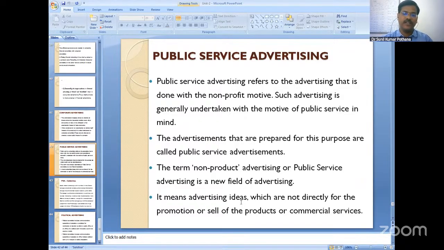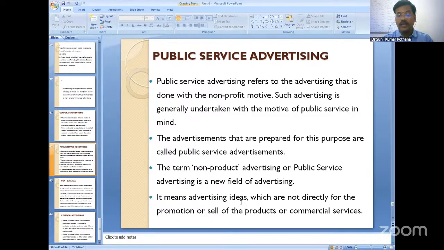Public service advertising refers to advertising that is done with a non-profit motive. Such advertising is generally undertaken with the motive of public service in mind. The advertisements prepared for these purposes are called public service advertisements.